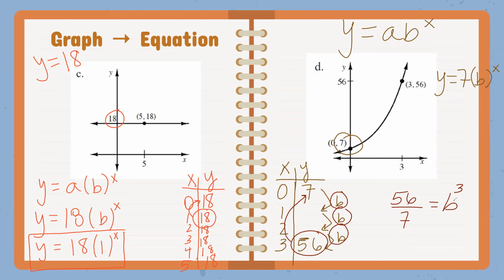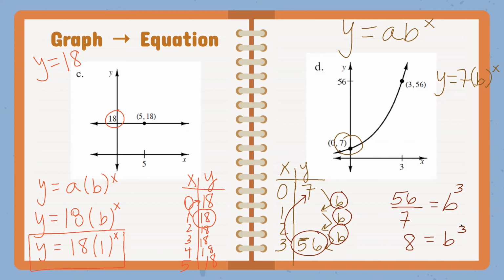Now, I need b by itself. So I'm going to do some math. 56 divided by 7 is equal to 8. Now to undo an exponent, you need to take the cube root this time.